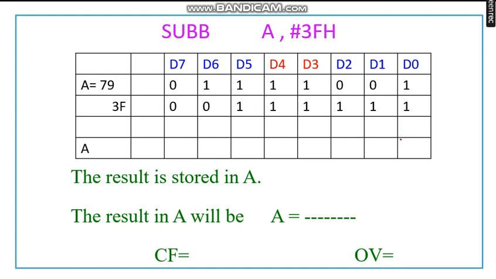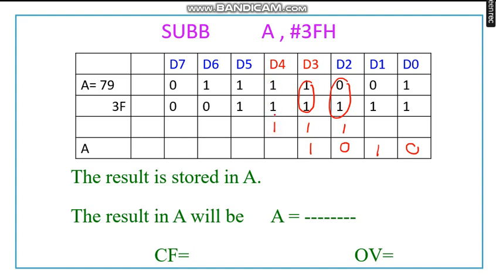So 1 minus 1, the answer is 0 here. 0 minus 1, difference 1, borrow 1. 0 minus 1, difference 1, borrow 1. From that minus 1, so here difference is 0, borrow is 1. 1 minus 1 is 0. 0 minus 1, difference 1, borrow 1.